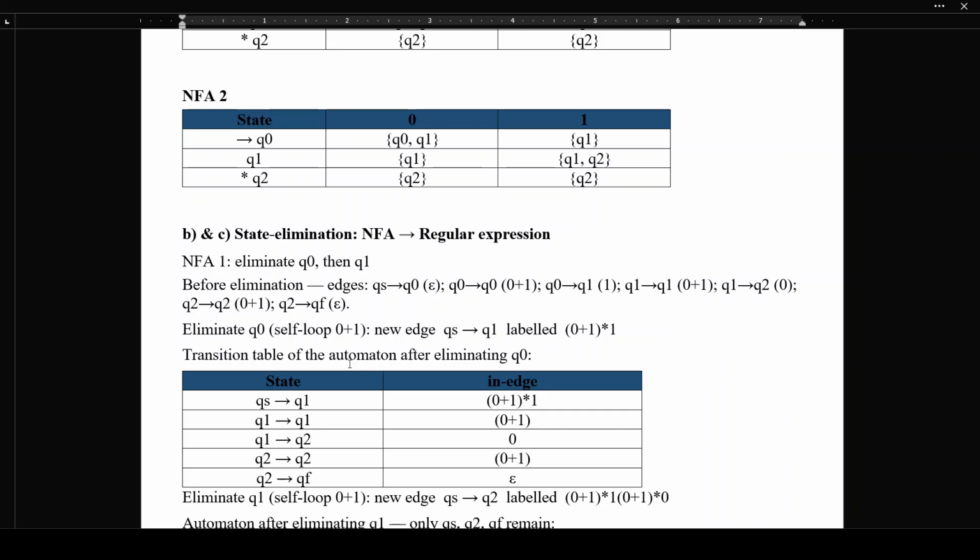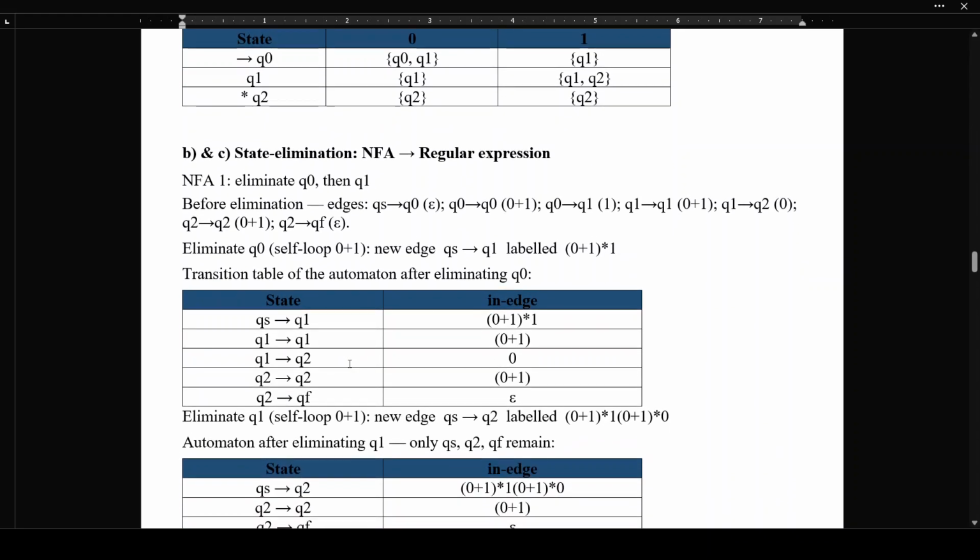Then we eliminate q0, a self loop of 0 plus 1. The new edge maps q_s to q1, labeled (0+1)*1. Hence, the transition table for the automaton after eliminating q0 is as seen below.